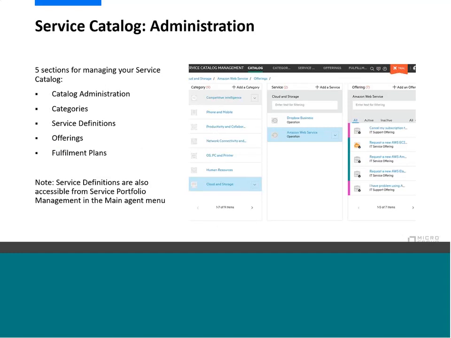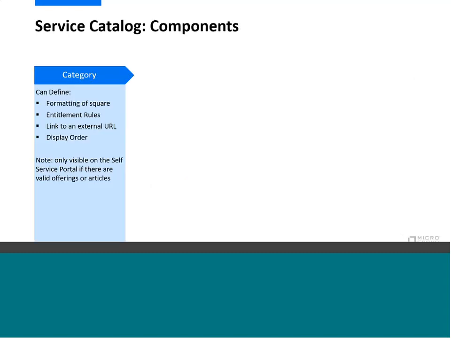Okay, so we talk about those components, and let's do a little bit of a dive on some of these before we go into the main one, the offerings. So the categories, you've got the basic information about it, but you can also define the look, the colours, the logo that's used on it. Maybe there might be even a picture that you want to use in the background.